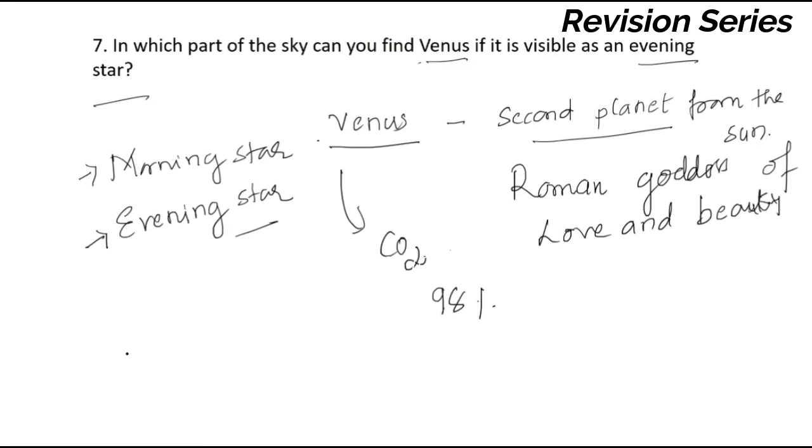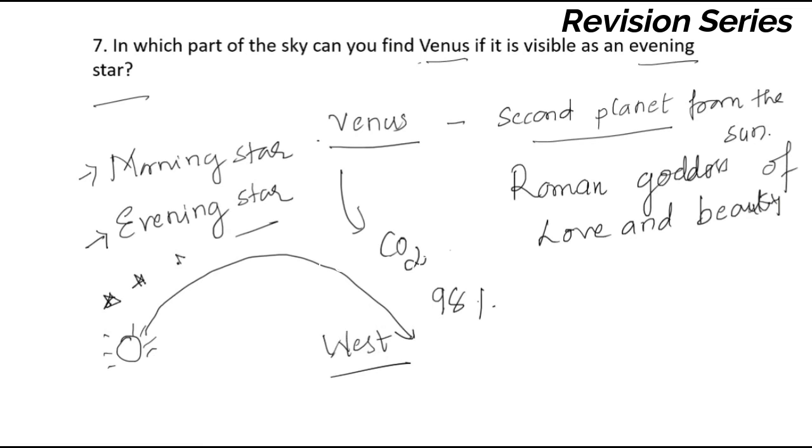You will find all the stars, including our sun, rise from the east and set in the west. You know all these things, okay? So all the stars appear to rise from the east and they move towards the west, okay? And so it is with Venus.